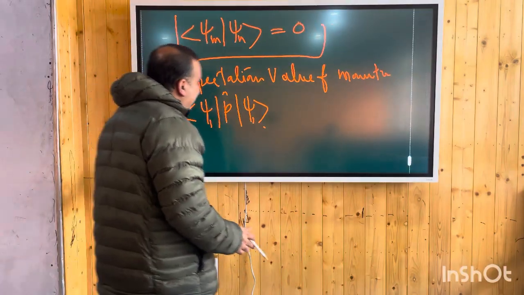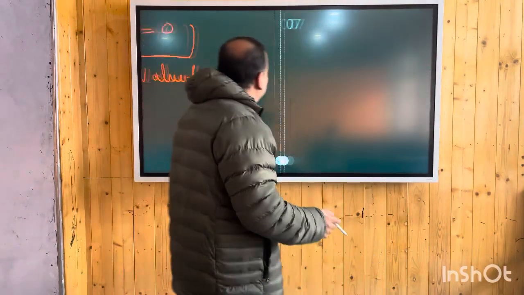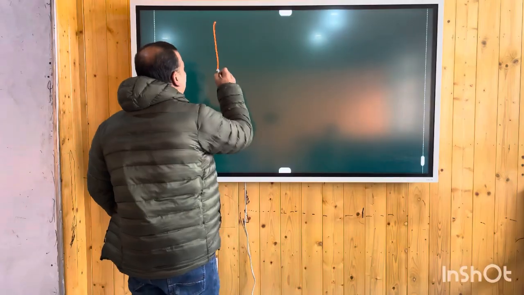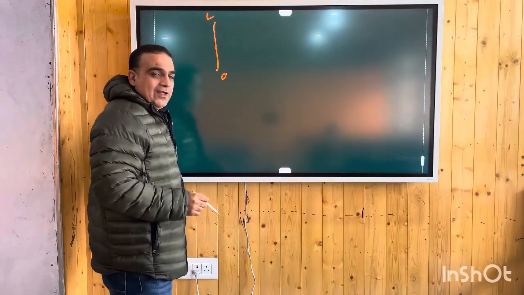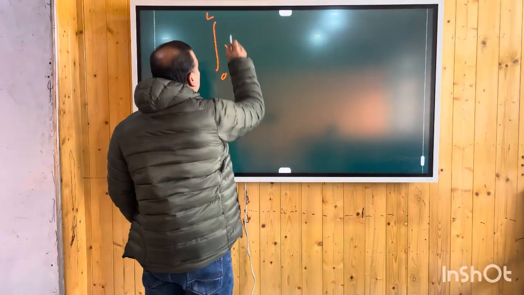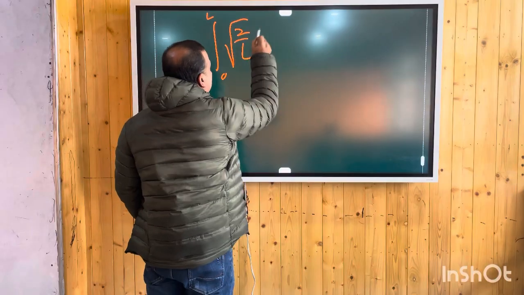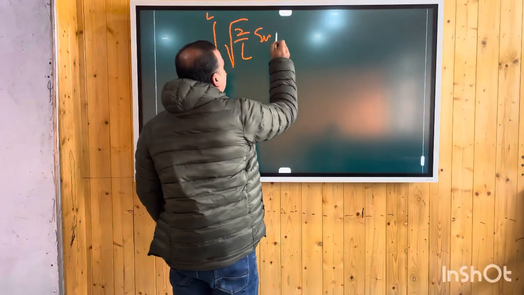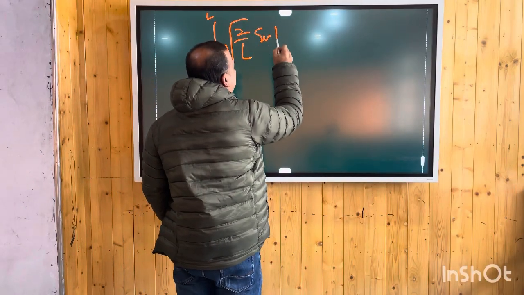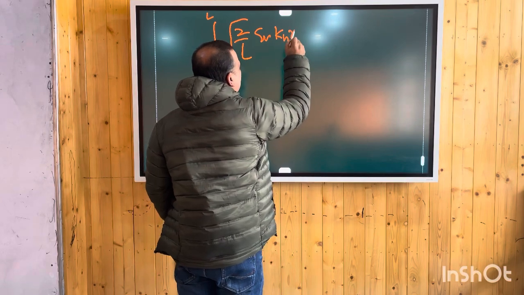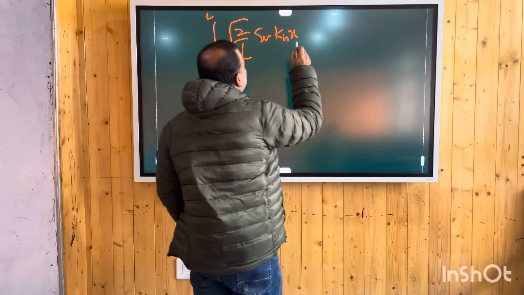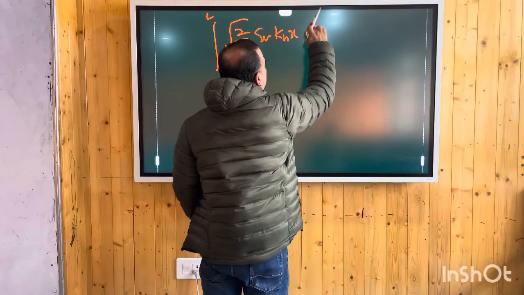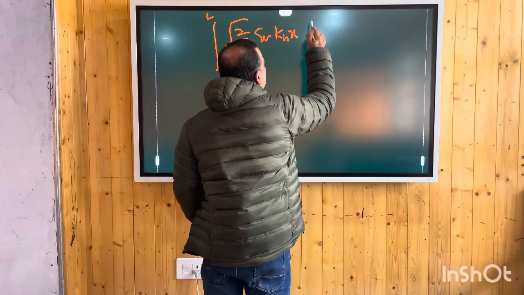So how can I write this down? I can write this as an integral from 0 to L, and then square root of 2 by L times sine of Kn x, to make it simple. Then you have the momentum operator. What is that?